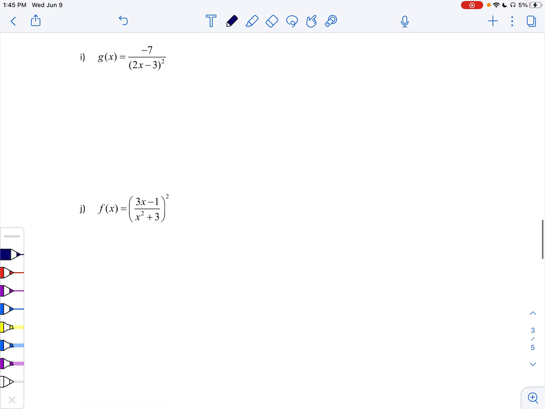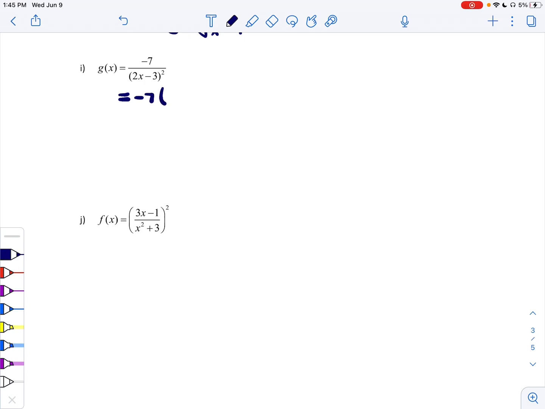All right, this next example, this time we have a quotient. We have a negative 7 over 2x minus 3 quantity squared. Now, because our numerator is just a number, there's not a variable up there, it's just a constant. What I would recommend doing in this case is rewriting this and pulling the denominator up.